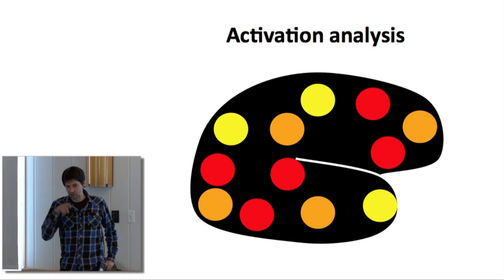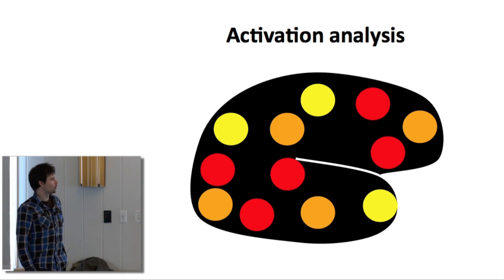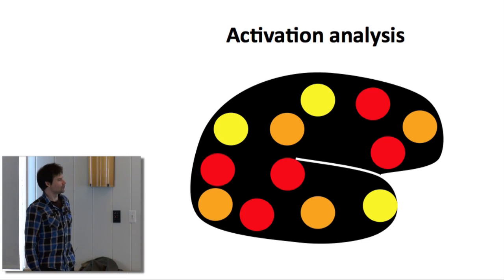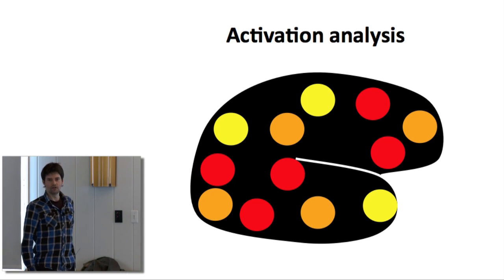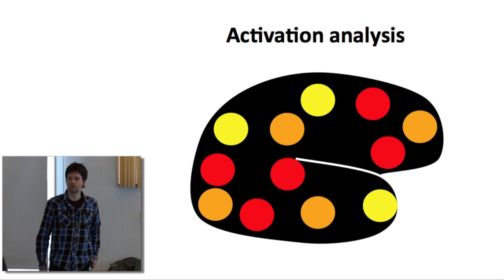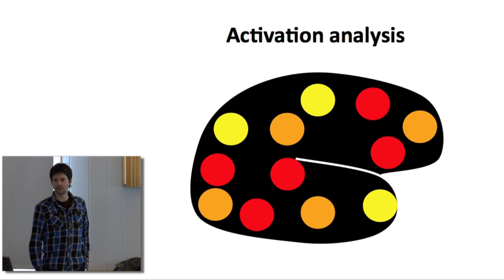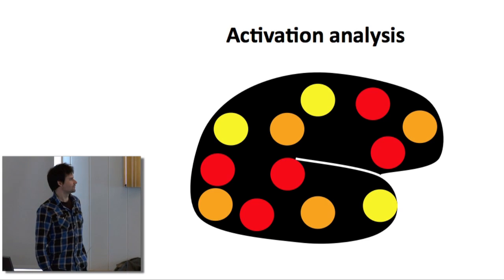In terms of the general approach, the classical approach to fMRI is activation analysis, where we look at the low spatial scale of activation with an imaging technique, often smoothing the data, and we consider each region basically a unitary structure for which we only have a univariate estimate of the overall activation.